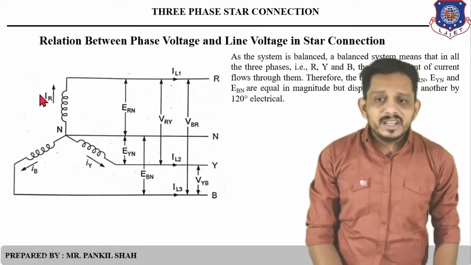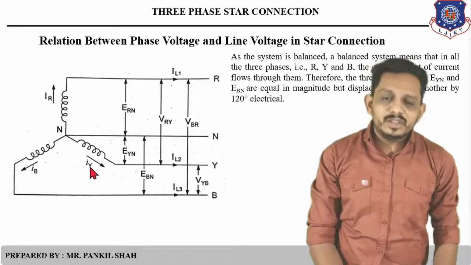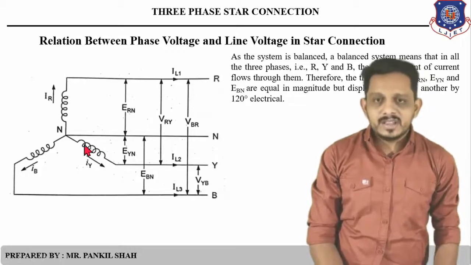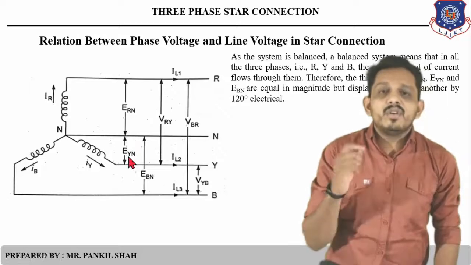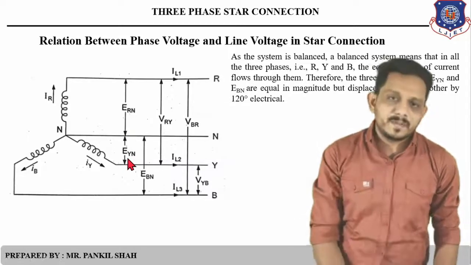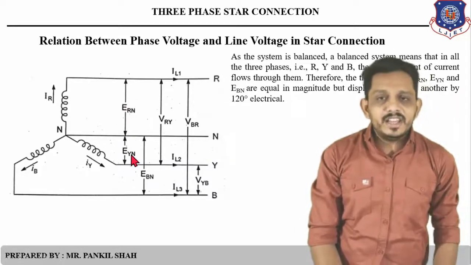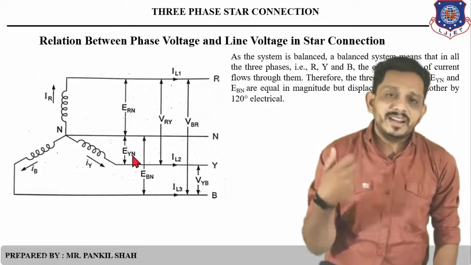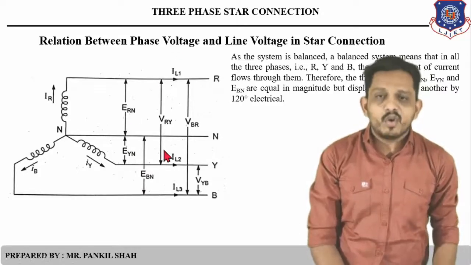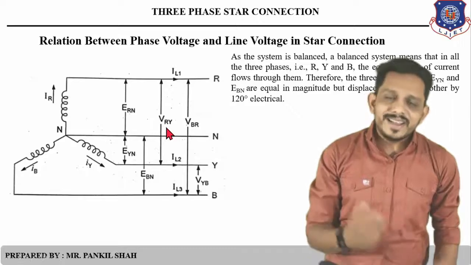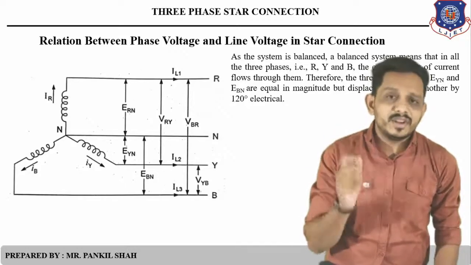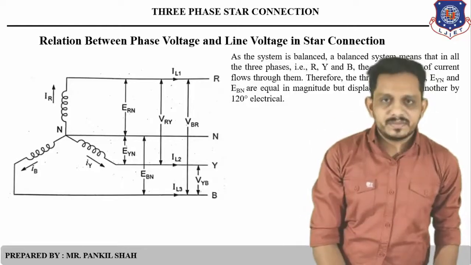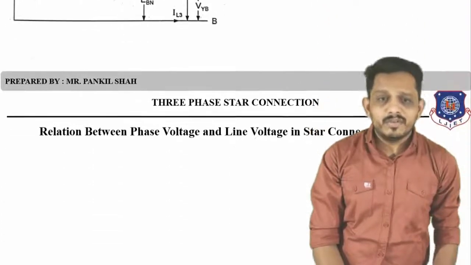But you can see that the direction of current flowing through these two coils is different. So we have to do a phasor difference. That is, ERN and EYN, one of them should be taken in negative to find the resultant voltage, that is the line voltage. So we can say that any line voltage in star connection is the phasor difference of two phase voltages. Now let's go back to the vector diagram.